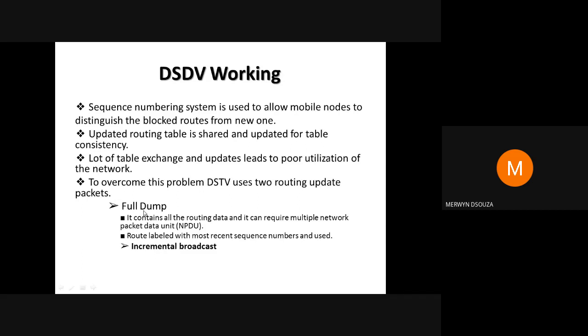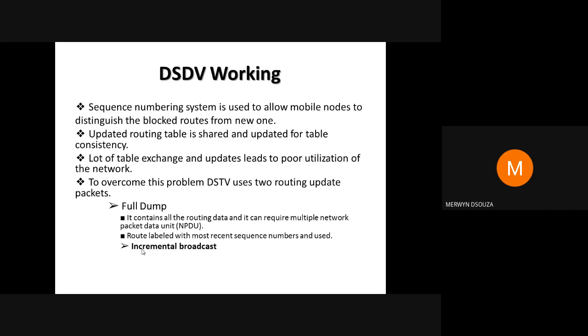When there was less information to be updated, just maybe one or two routes, not the entire table, or not too many changes, you would use an incremental broadcast.